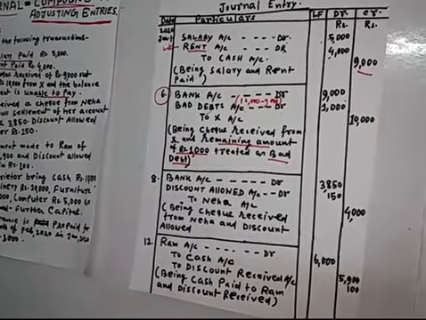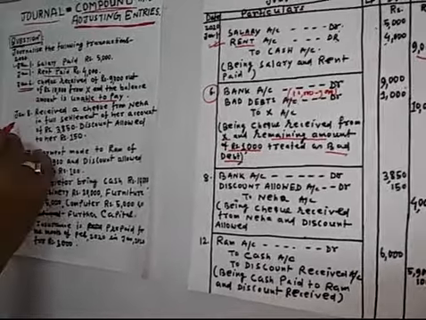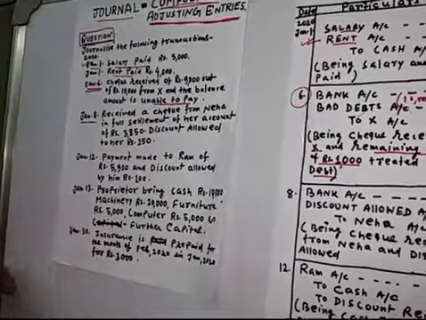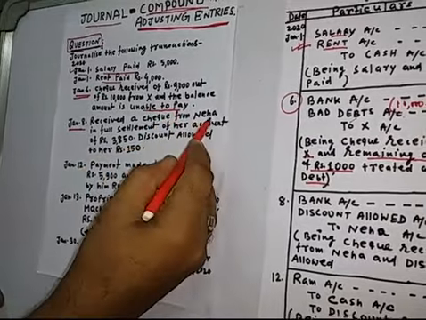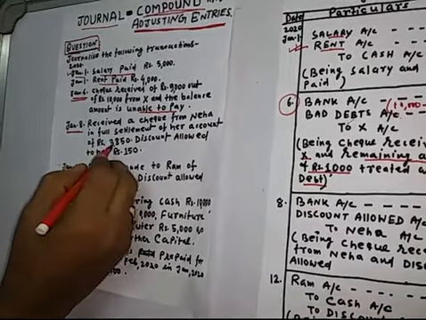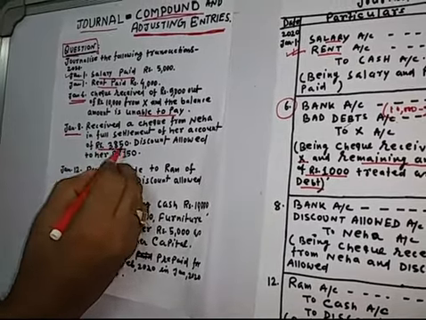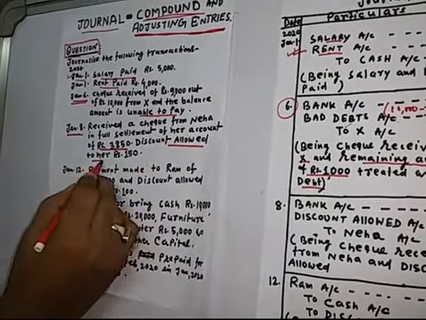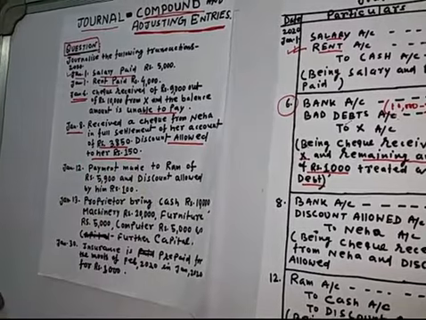Now go to the next entry, Jan 8. You see Jan 8: received a check from Neha in full settlement of her account of rupees 3,850, and the discount allowed to her is rupees 150.